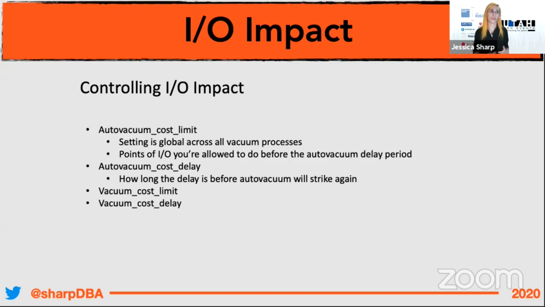So if you're concerned about resources and you know that auto vacuum is hogging your machine resources, or there's an issue with other database resources, then you would maybe increase the cost delay. In general, you want this to be very low. And again, auto vacuum and vacuum are just separate parameters for each, so you can tune independently.